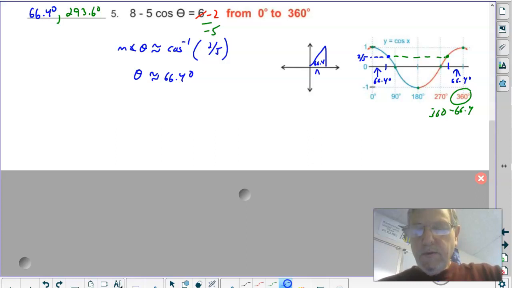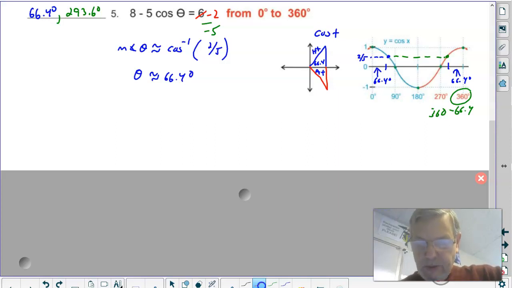66.4. Notice the adjacent is positive. The hypotenuse is positive. The cosine is positive in quad 1. And that's our 66.4 answer. But again, where else is the cosine positive? Well, the adjacent is positive in quad 4.